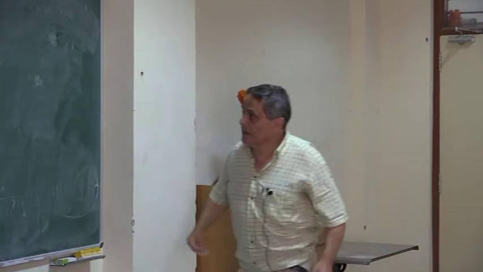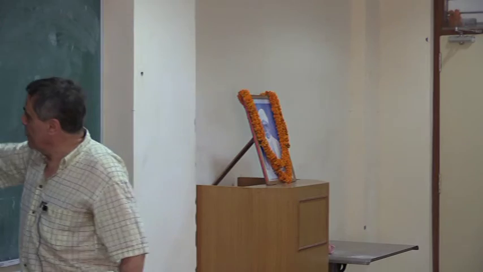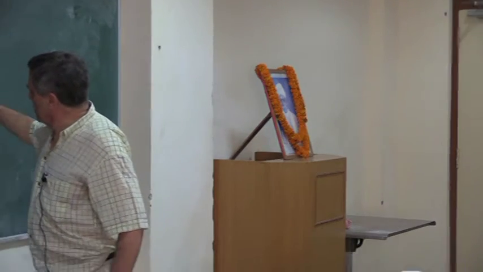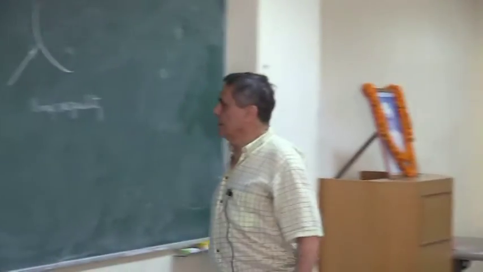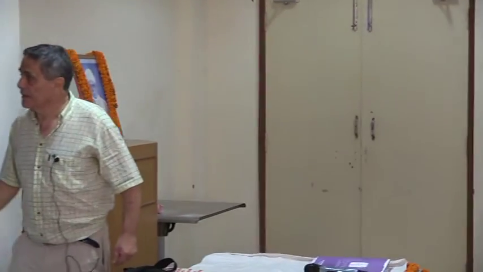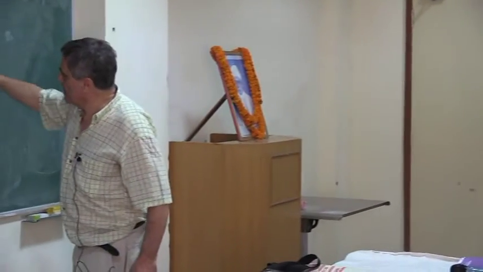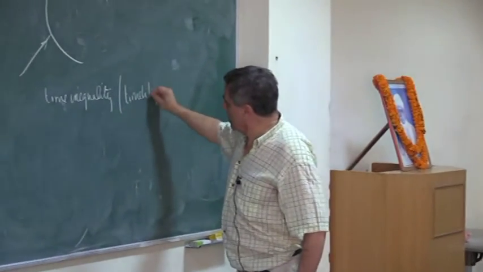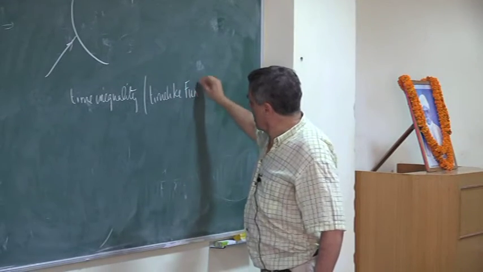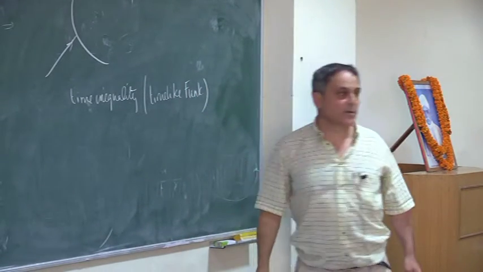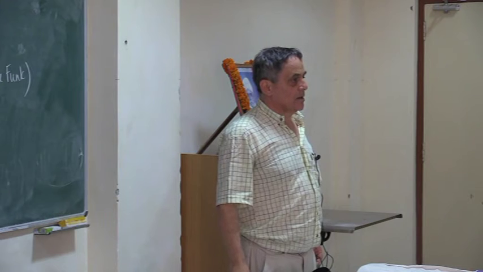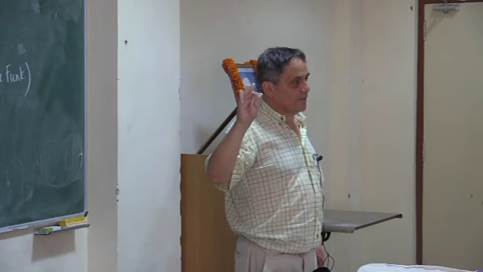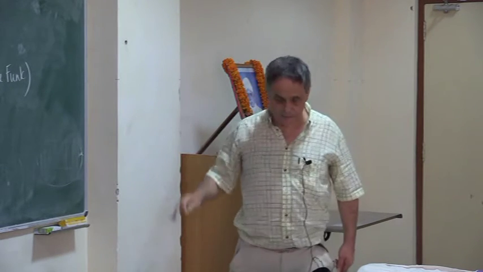Prove the triangle inequality for the time-like Funk metric. Okay, so if you find the proof for the other one, you will find the proof for this.